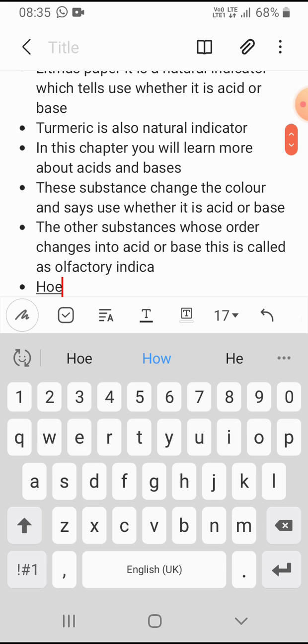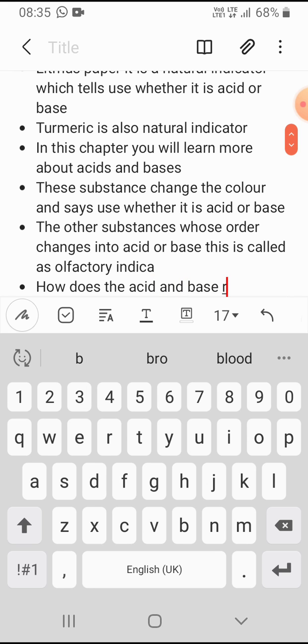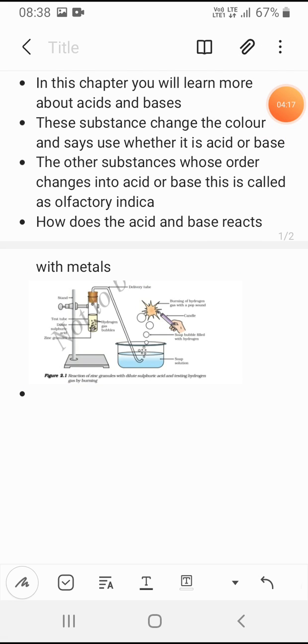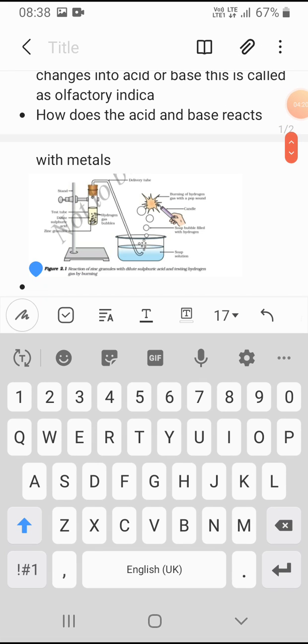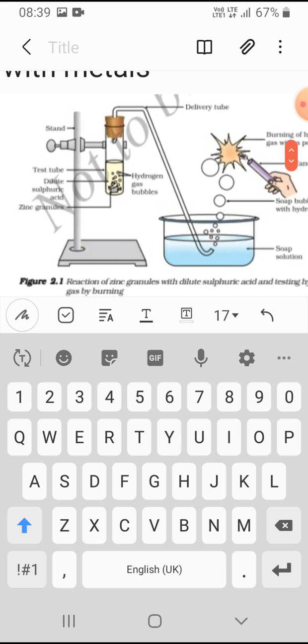So let's know how acid and base react with metals. This is a reaction in which, in a test tube, there is diluted sulfuric acid and hydrogen gas bubbles are produced, sent through a delivery tube to soap water.